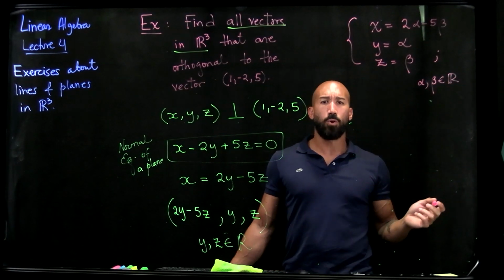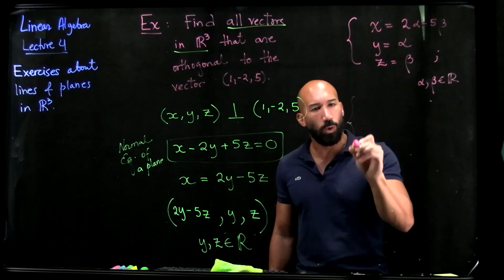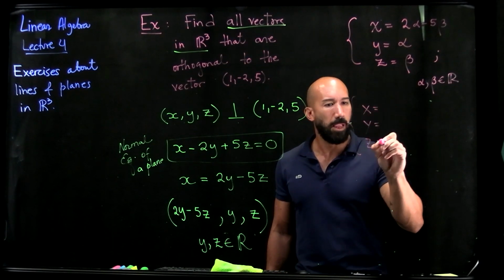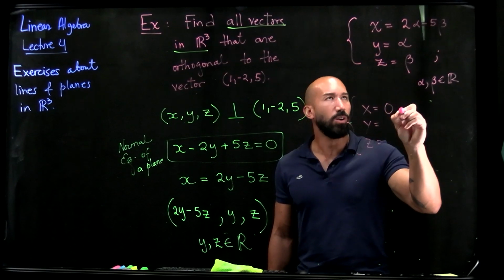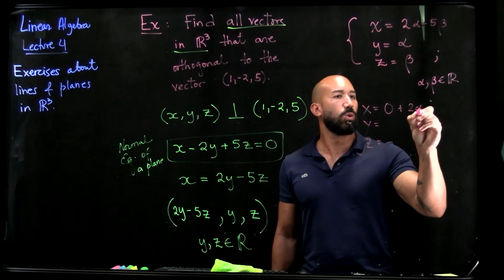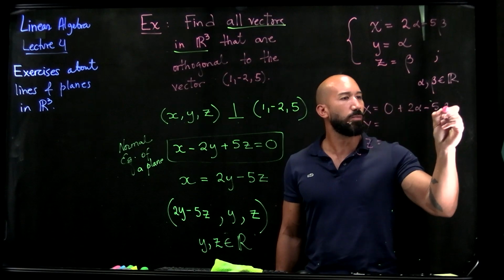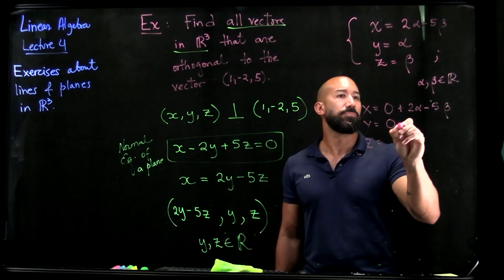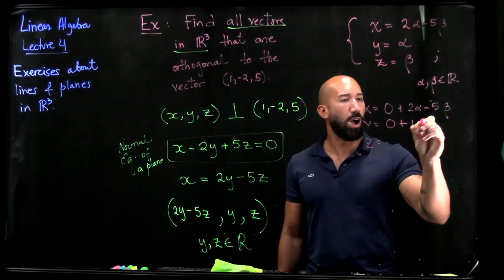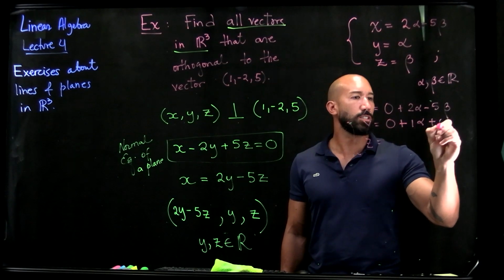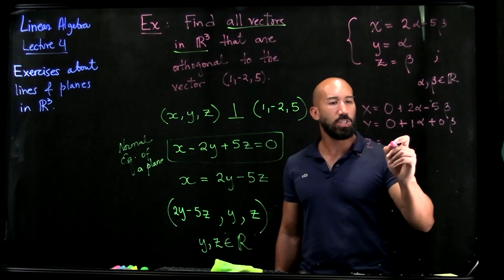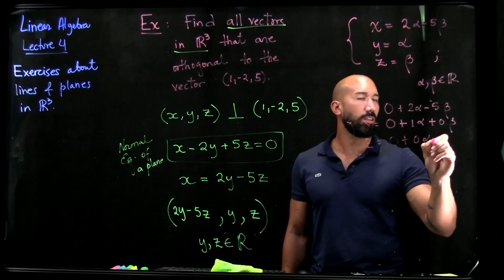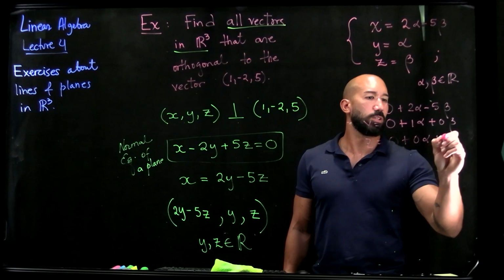But what is the point? Well, I can rewrite this equation. I can write x as 0 plus 2 alpha minus 5 beta. y equals 0 plus 1 alpha plus 0 beta. And z equals 0 plus 0 times alpha plus 1 beta.